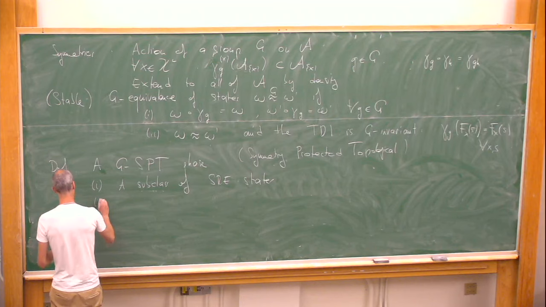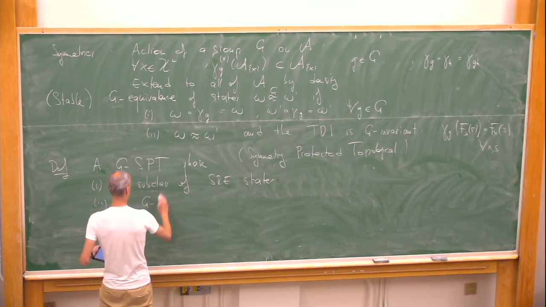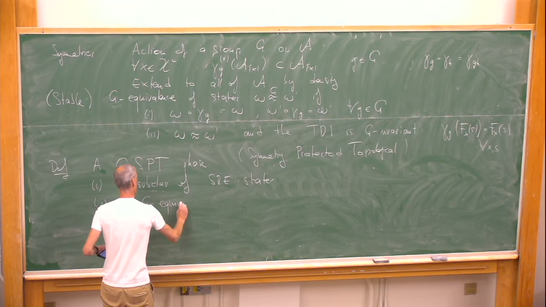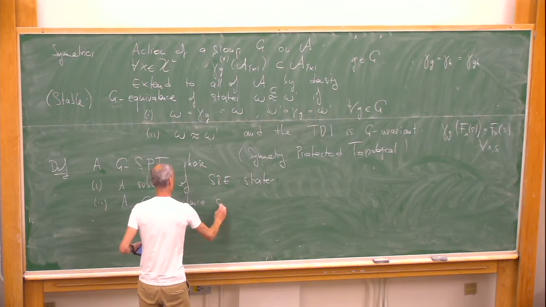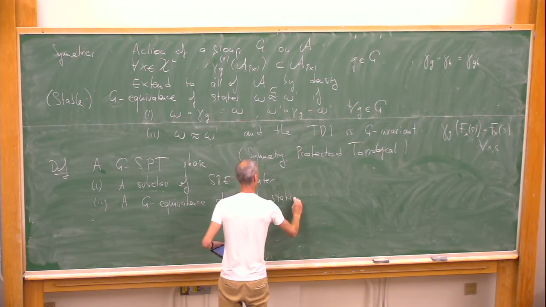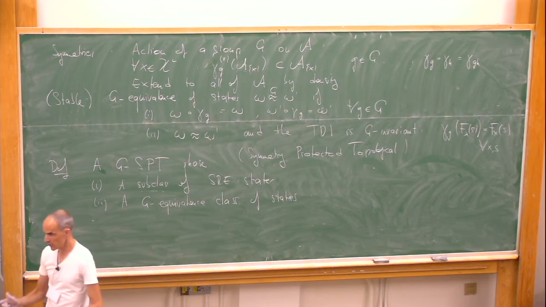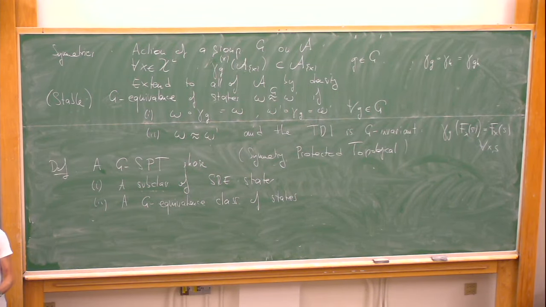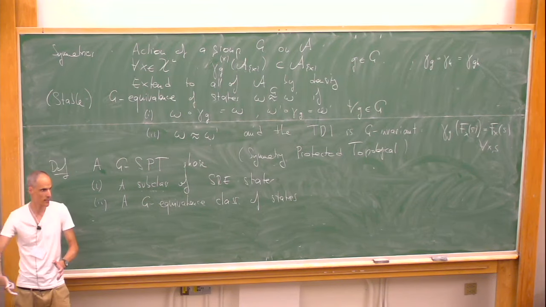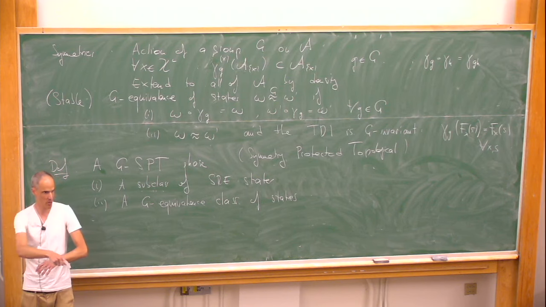But now the phase is a G equivalence class within these states. All of the states in a GSPT phase are deformable to product, right? So in particular, they're all deformable to each other through the product.